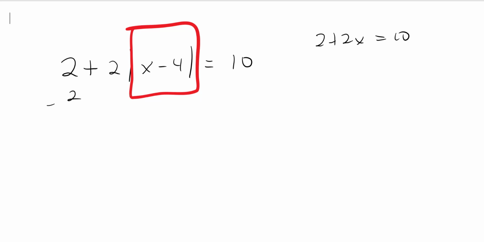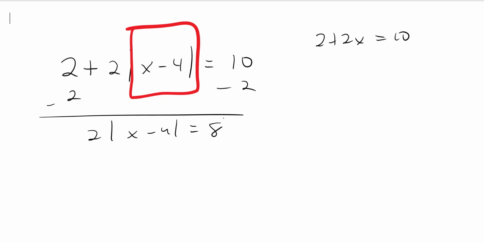You're going to subtract 2 first. So you get 2 times the absolute value of x minus 4 equals 8. And then I'm going to divide both sides by 2. Okay? So I get absolute value of x minus 4 equals 4. There's nothing else around this absolute value now.